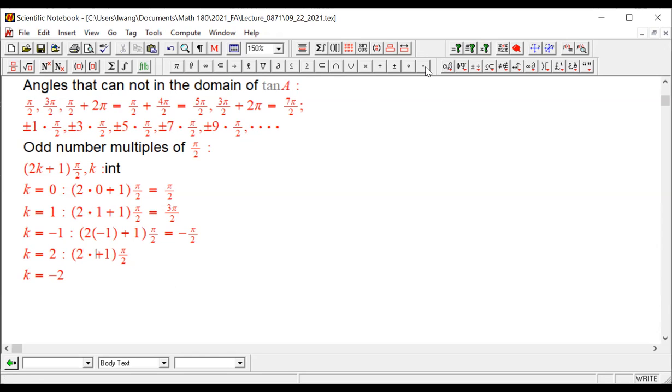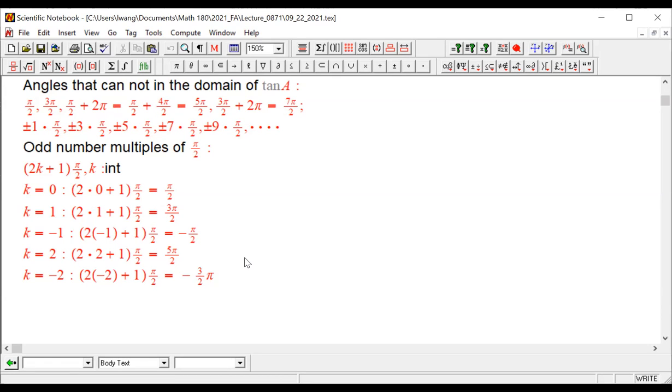So this is k equals 2, and in this case you get 5 pi over 2. Does everybody follow me? I know we're near the end of the class. You might be tired. And if you have k equals -2, you will have -3 pi over 2, which cannot be in the domain.